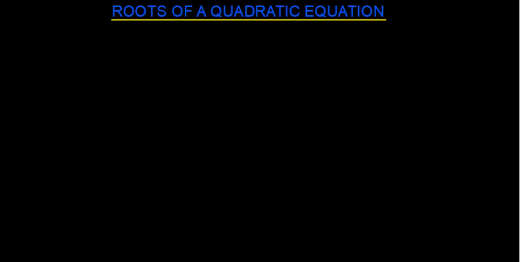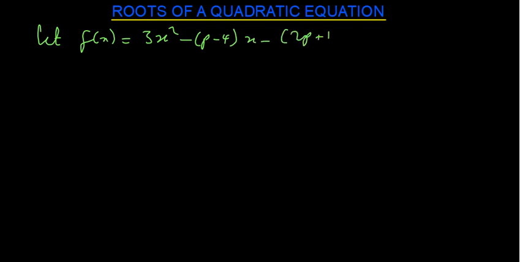Okay, they've given us: let f of x be equal to 3x squared minus (p minus 4)x minus 2p plus 1.